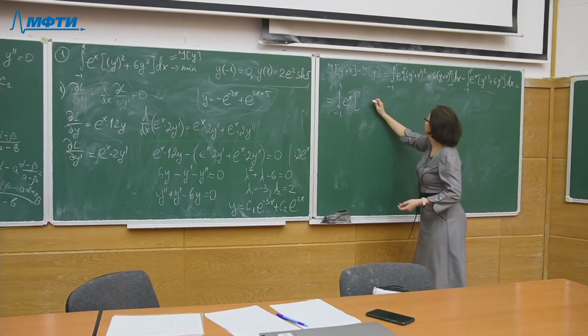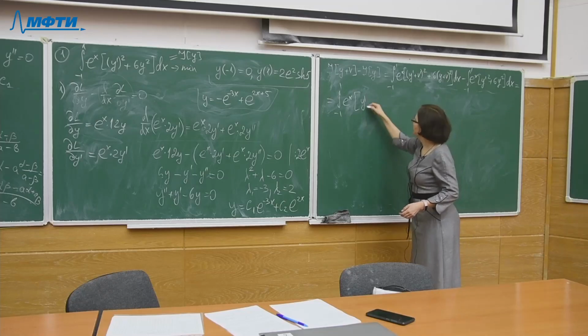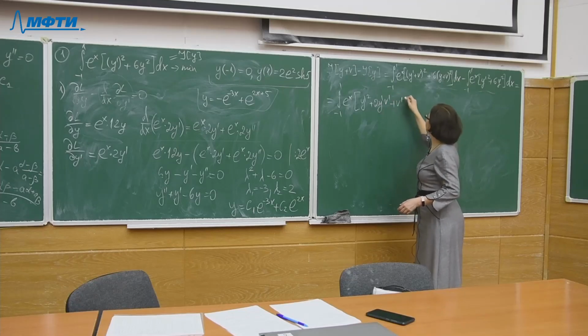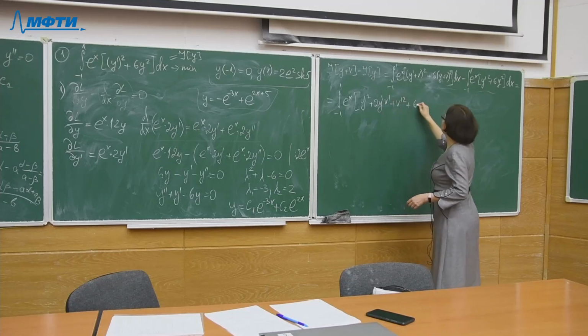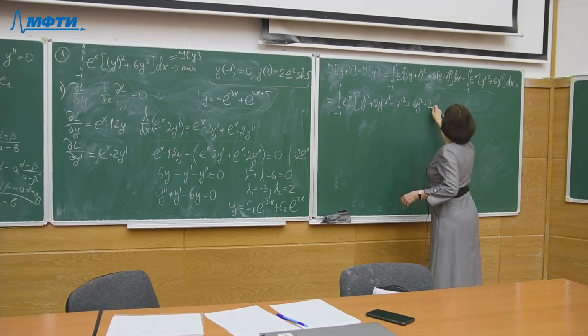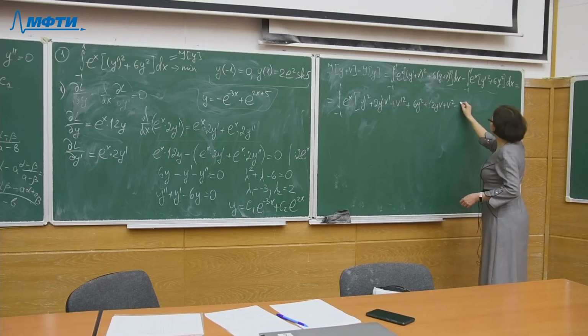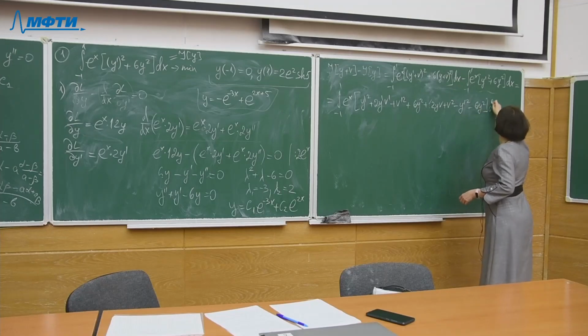So opening the brackets, we will get y prime squared plus 2y prime v prime plus v prime squared plus 6y squared plus 12yv plus v squared minus y prime squared minus 6y squared dx.